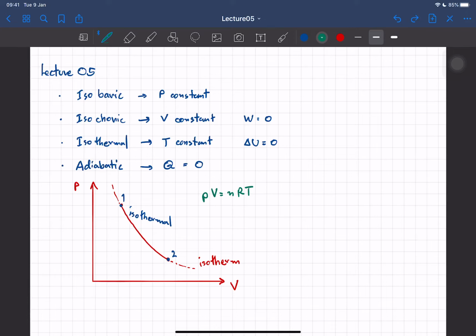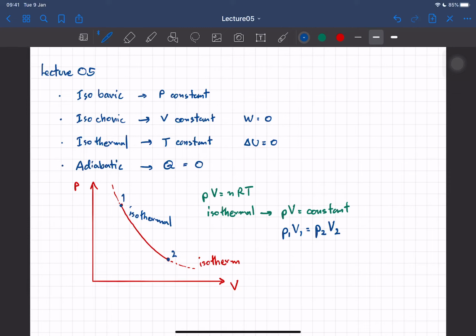So for an isothermal process, you can say PV is constant. And because of this, if you plot P and V, you get a hyperbola. Because P times V is a constant, if you have points 1 and 2 on the PV diagram, then P1 V1 equals P2 V2.